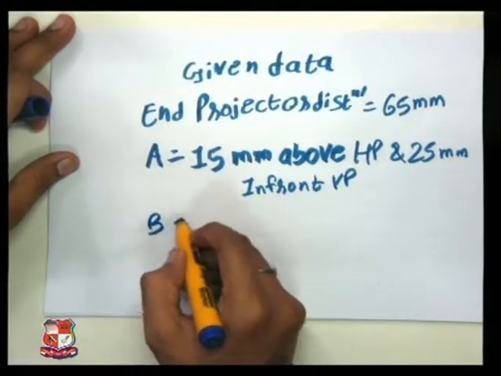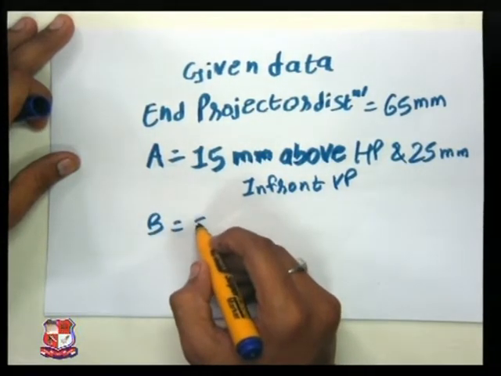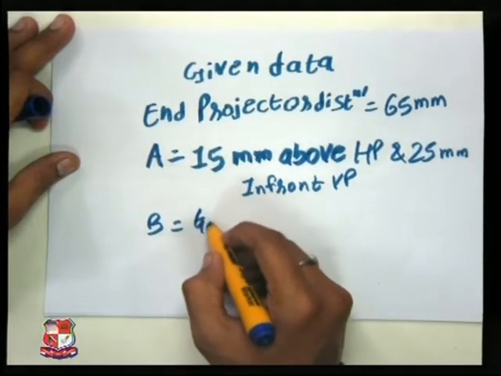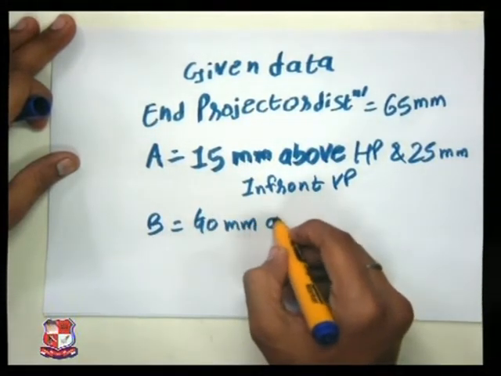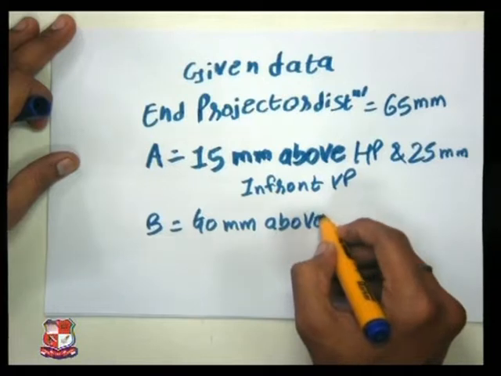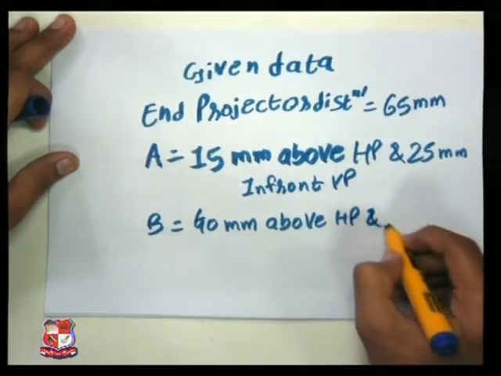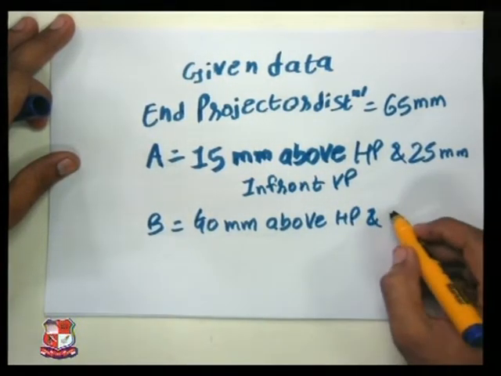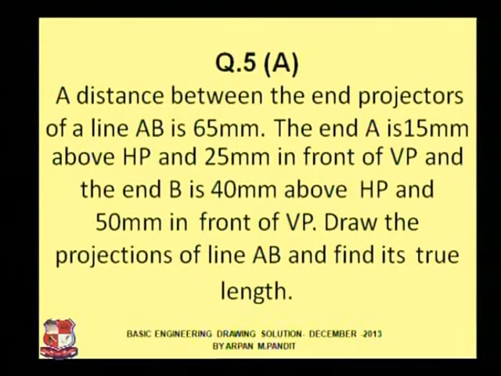Location of B is given: 40 mm above HP and 50 mm in front of VP.